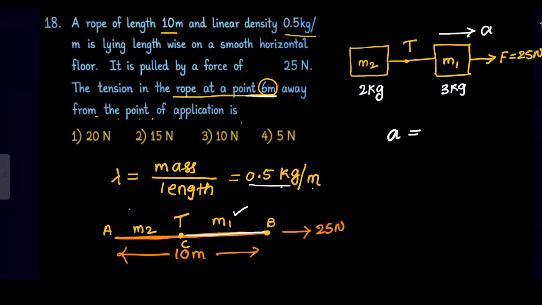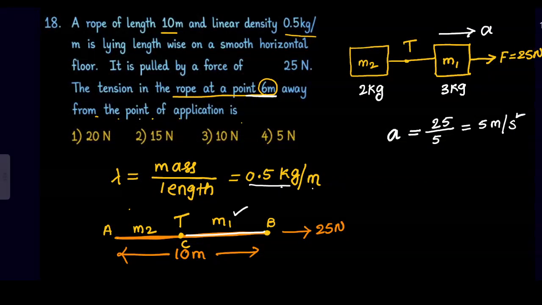How much is the total mass? How much net force did we apply? The net force is 25, by total mass, which is 5. So how much is the acceleration? 5 meter per second square we got.